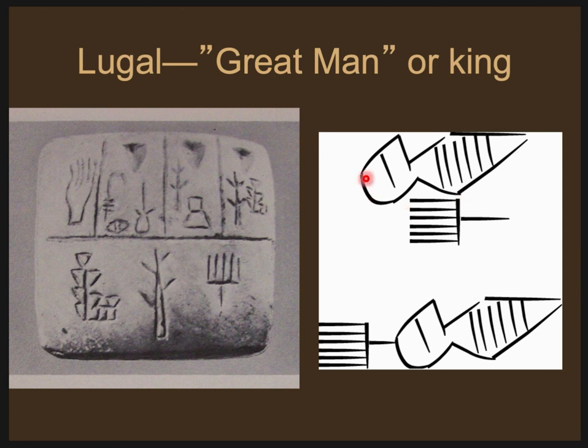Okay, we're going to see this sign in a lot of different contexts. So you'll probably remember it and you'll recognize it because it's pictographic and it looks like what it's supposed to represent. Right? You have a man and you've got this kind of rake or crown shaped thing. This is Gal and this is Lu. Lu is man, Gal is great man.